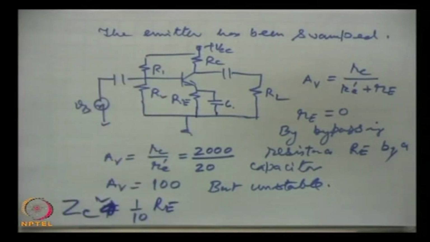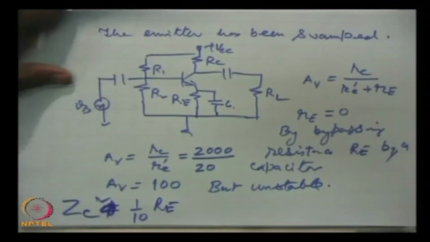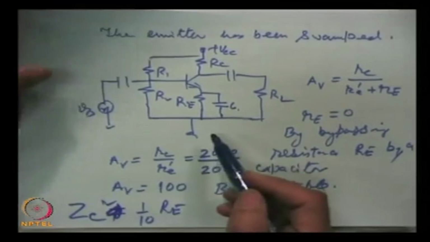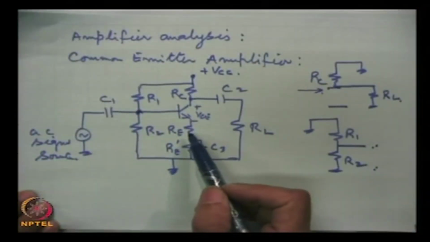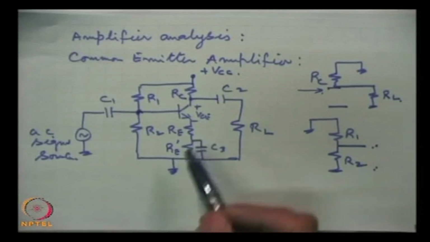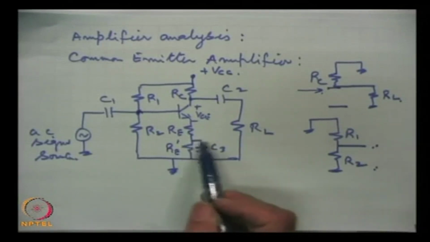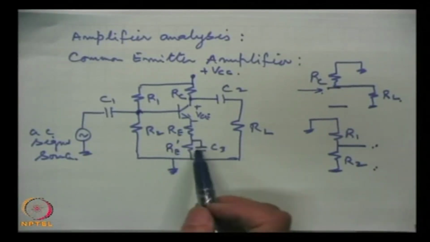So, we choose it like that, but then it becomes unstable. So, there is an intermediate position which is often taken. The designers will make the circuit, from where we started, such that one resistance is maintained in the circuit and one part is bypassed. This will be the best compromise.